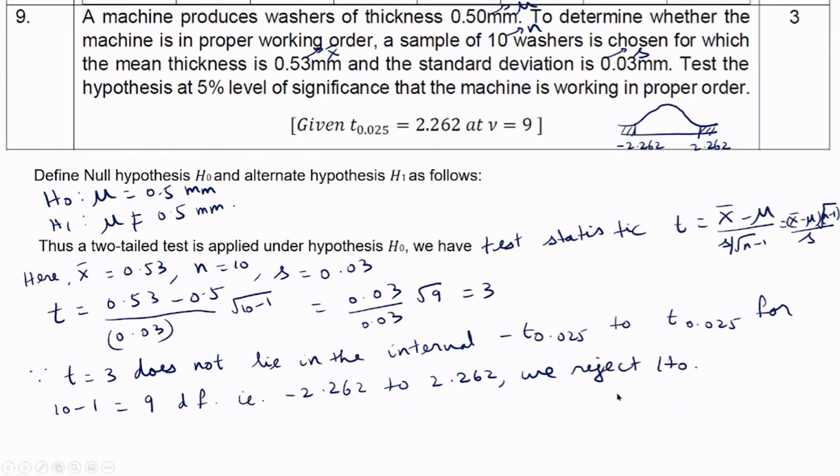And so the result is, since we have to reject H0, so we have taken H0 as mu equal to 0.5 millimeter.